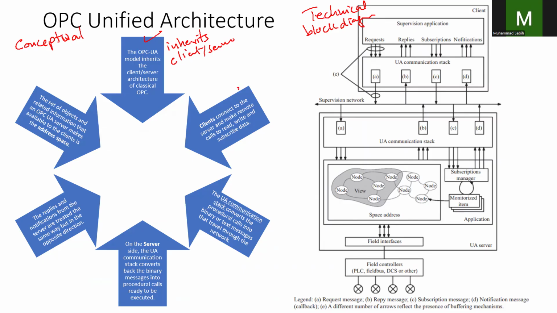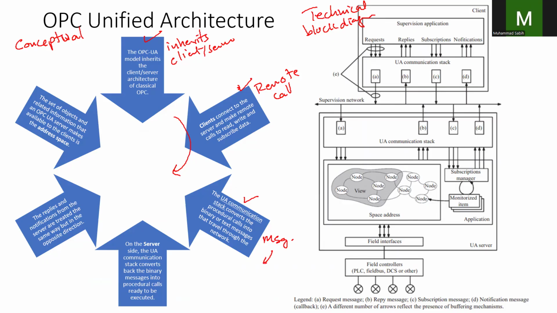Now from here in a clockwise way, we will try to understand how it works. The client connects to the server and makes a remote call to the server to read, write, or subscribe to the data, and then the communication stack converts these protocol calls into secure messages, either binary or text, to travel over the network.